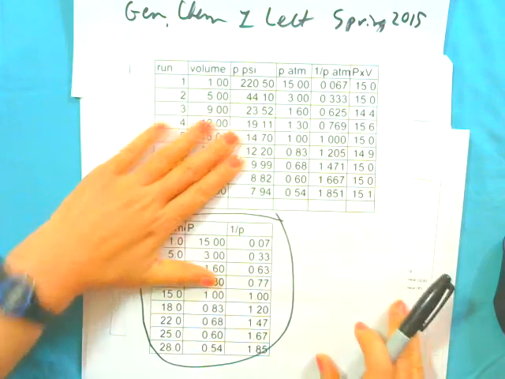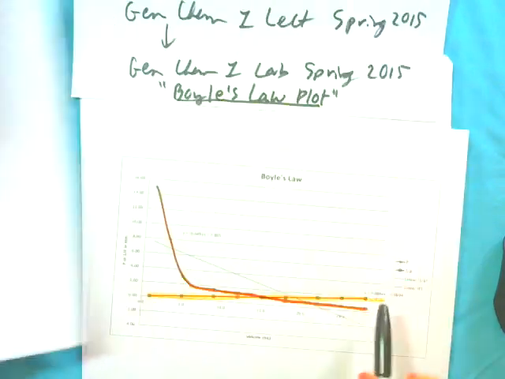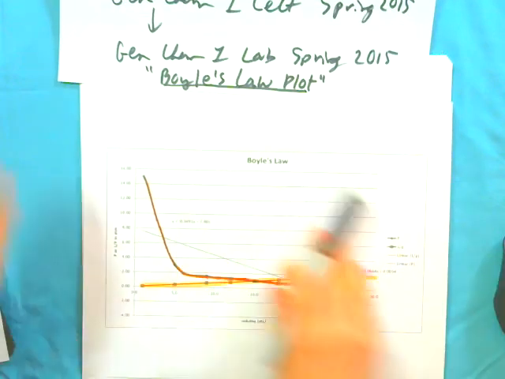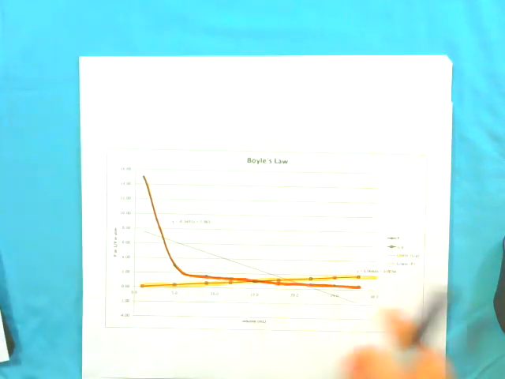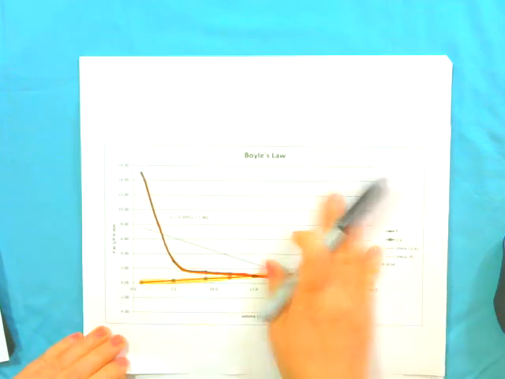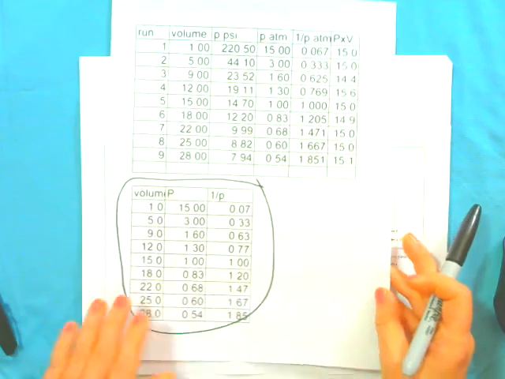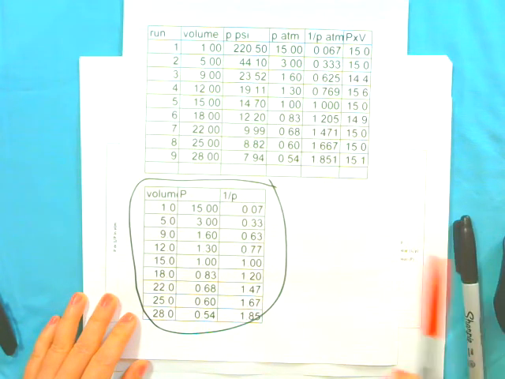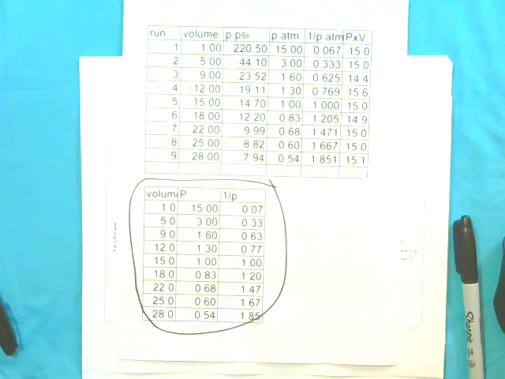So it'll look just like this. And it'll also have a plot associated with it. The plot will look just like this. So when you click on the hyperlink Boyle's Law Plot, you will get this, and you will get this.